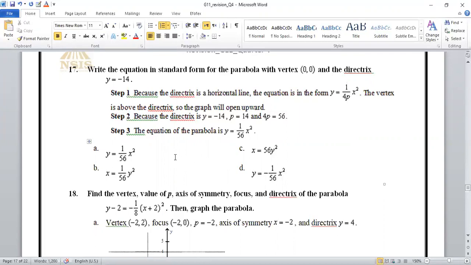The vertex is above the directrix, so the graph will open upward. Step number 2, because the directrix is y equal -14, b equal 14 and 4b equal 4 times 14 equal 56. By substituting in the equation of the parabola, y equal 1/56 x squared. The solution will be number A.